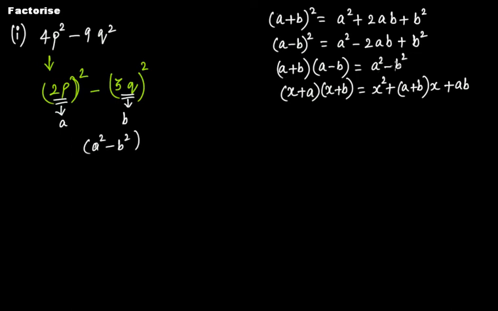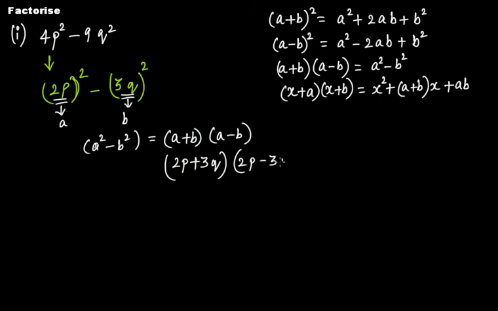A squared minus b squared is equal to what? A plus b multiplied by a minus b. So in this case, we have taken a as 2p, so this is 2p plus 3q, and this one is 2p minus 3q. So this is the factorization of this algebraic expression 4p squared minus 9q squared.